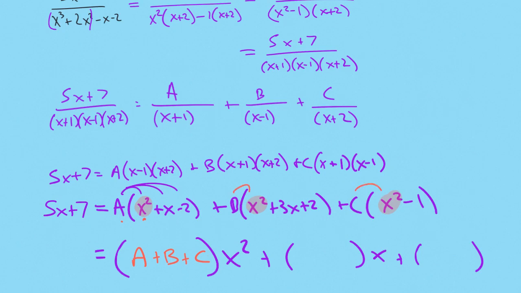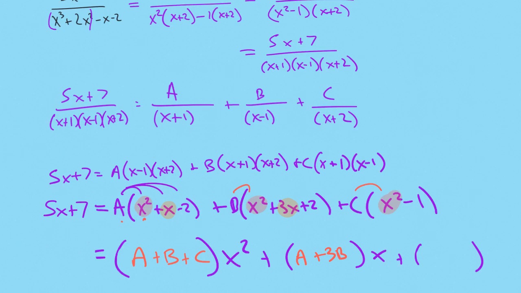Then I need to look for my x terms, and I don't have one in the third parenthesis. So I collect those coefficients. I'd have ax in the first one. I'd have b times 3x, so my coefficient of x would be 3b, and I don't have any coefficient in the third.